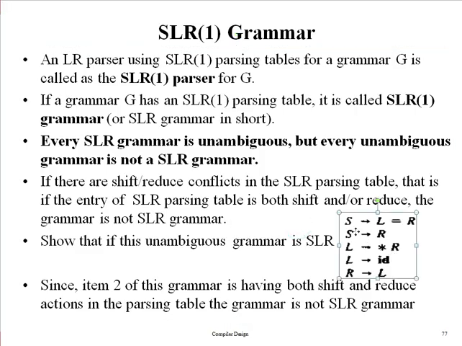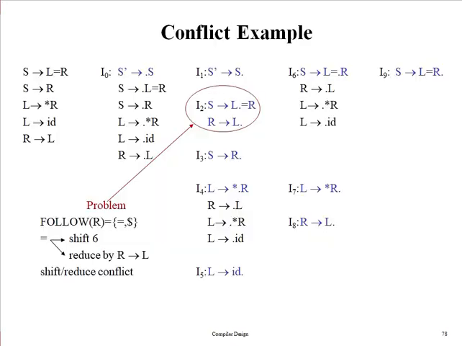Let us consider this grammar to check whether it is SLR grammar or not. You should augment the grammar first, then create the LR0 items collection, then construct the parsing table, check whether there is any conflict in the parsing table, then conclude whether the grammar is SLR grammar or not.